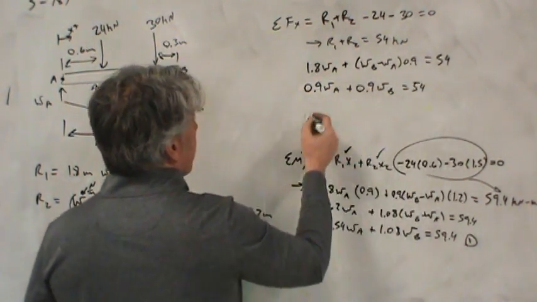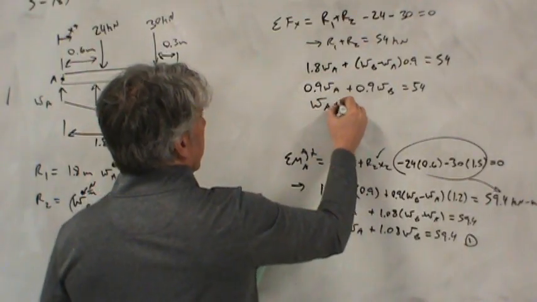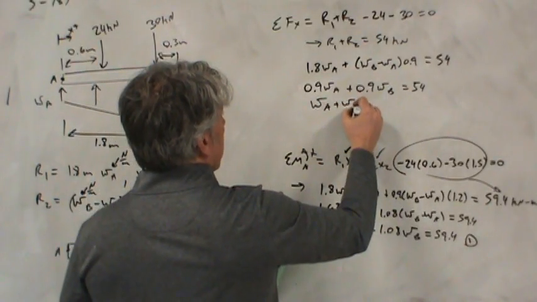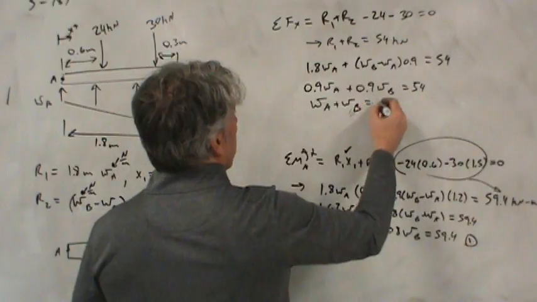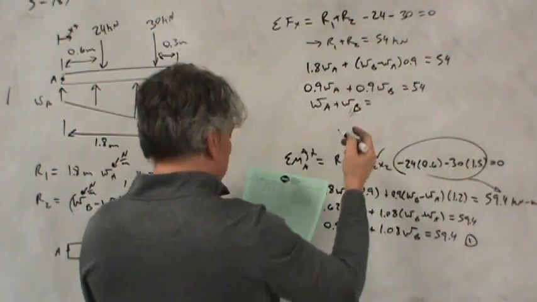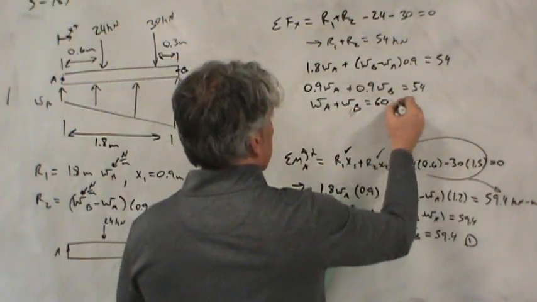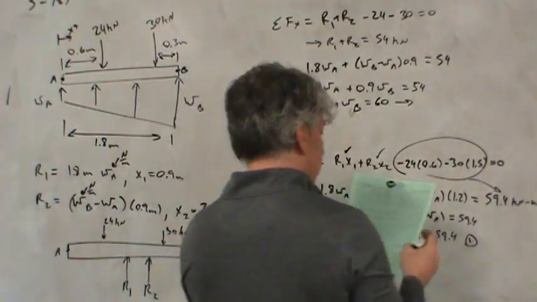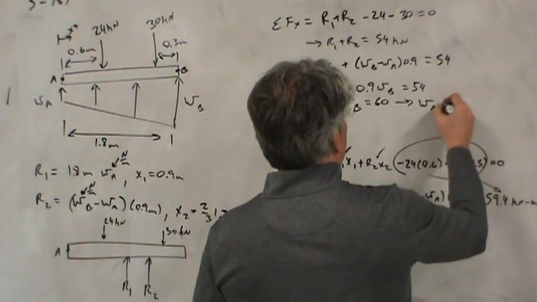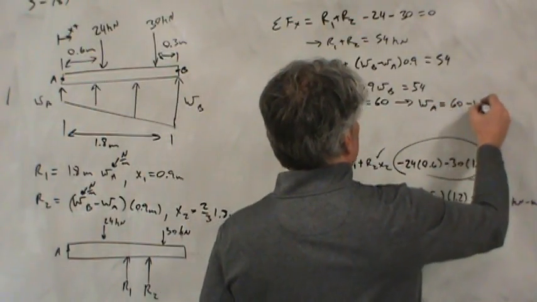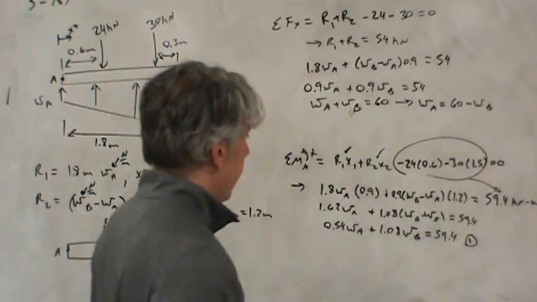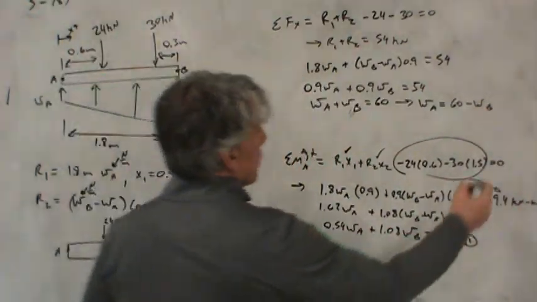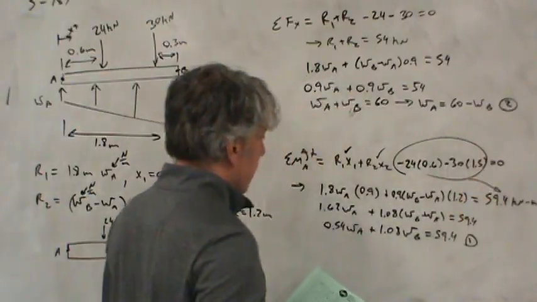So if we divide through by 0.9, we'll get WA plus WB is 54 divided by 0.9, that comes out to 60. So in other words, WA can be replaced by 60 minus WB. Now we have two equations and two unknowns. Let me call that equation 2.